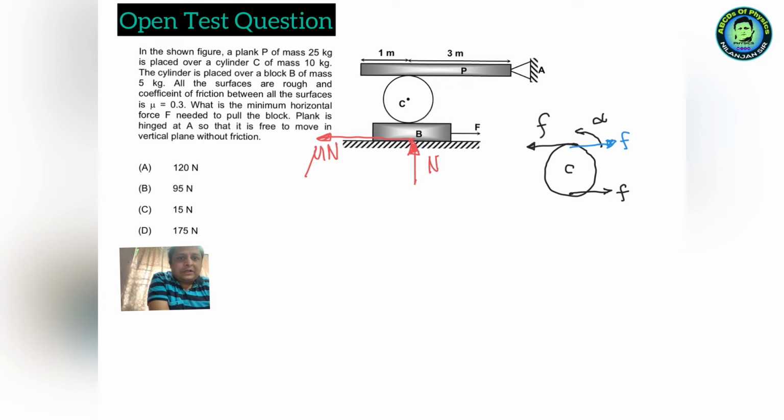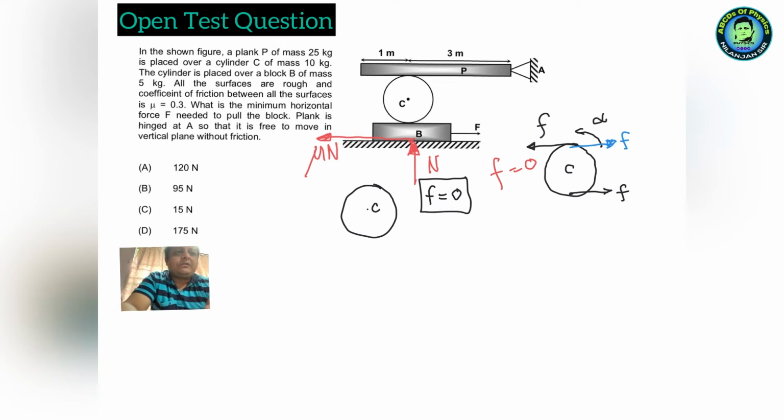But what about the linear acceleration of the center of mass? Then the net force acting is 2F. So there is only one possibility, that the friction is 0. That means on this cylinder C there is no friction acting, so the friction acting on the cylinder F is equal to 0.